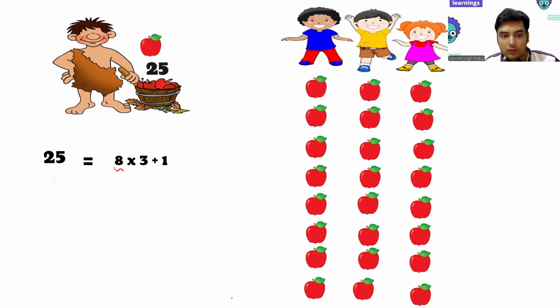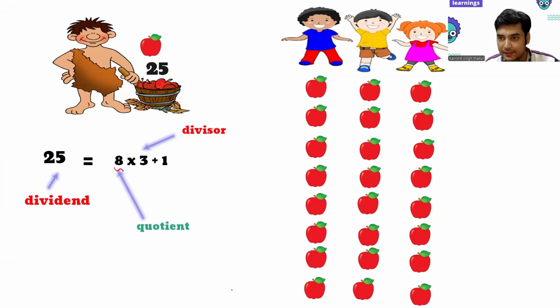So this 25 is called the dividend. This 3, the group size you are making, is called the divisor. This 8, how many groups you can make, is called the quotient, and whatever is left with you is called the remainder. So this is the clear definition of division.